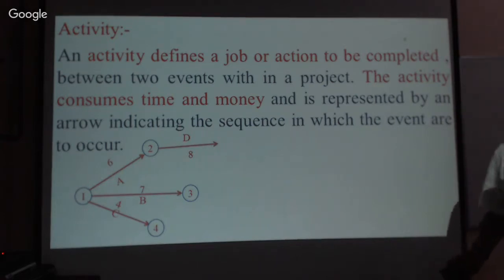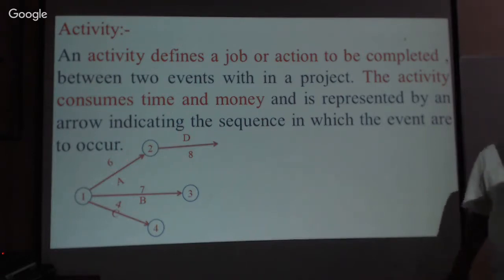Activity means to do the job, which needs resources. The resources may be money and time. We are not investing money directly; the materials are consumed. It is the action taken to complete the event.